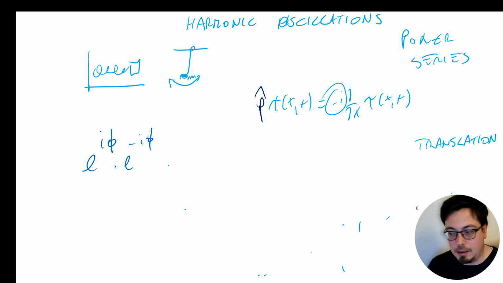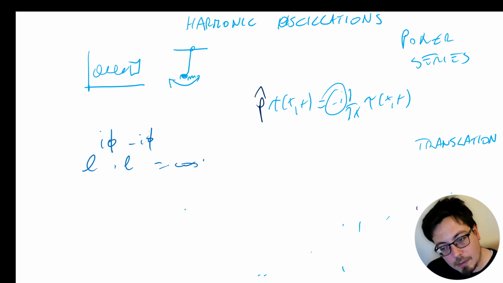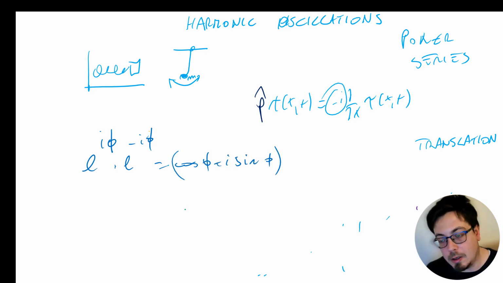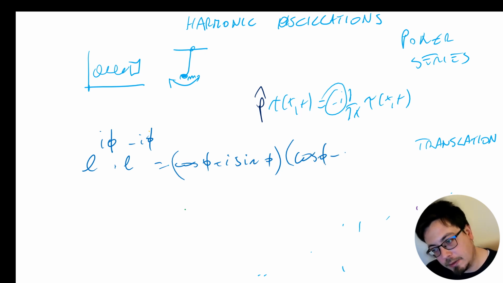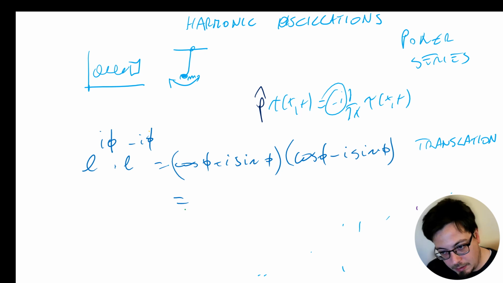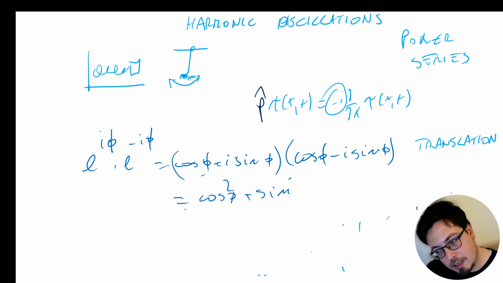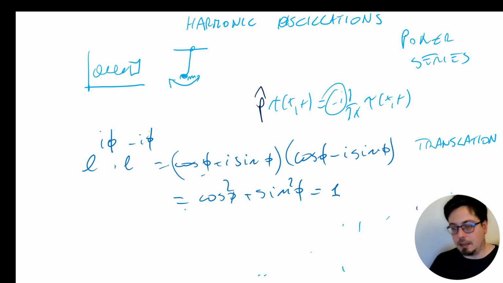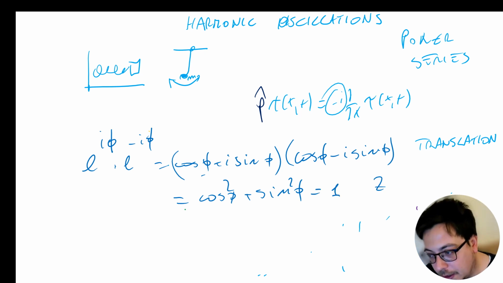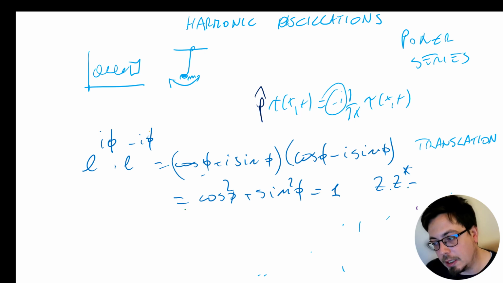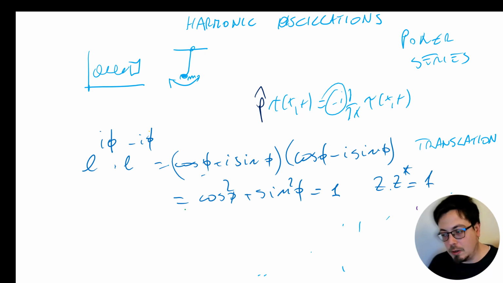This is cosine phi plus i sine phi, times the complex conjugate, cosine phi minus i sine phi, and if you do all the terms, it's cosine squared plus sine squared, which is 1. This is always true: a complex number times its complex conjugate is 1. This is, if you want, a definition of the complex conjugate.